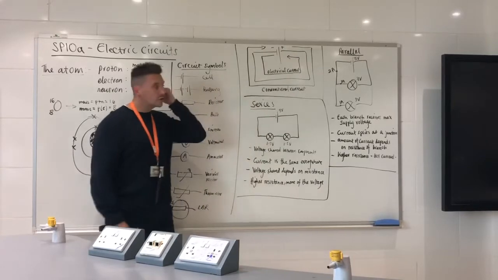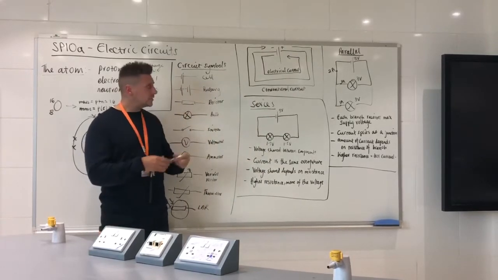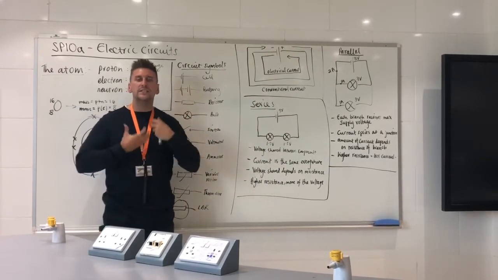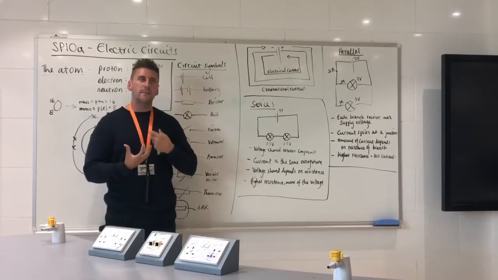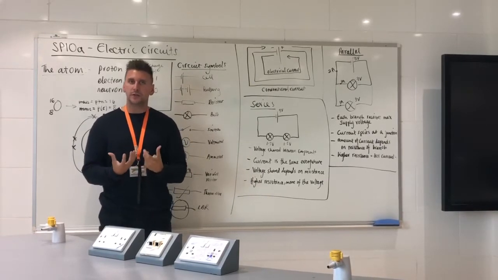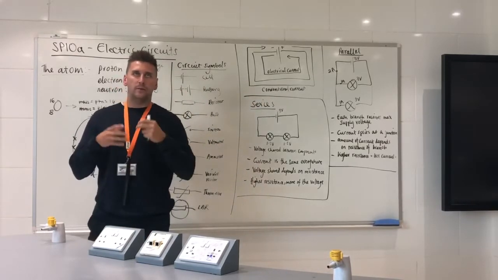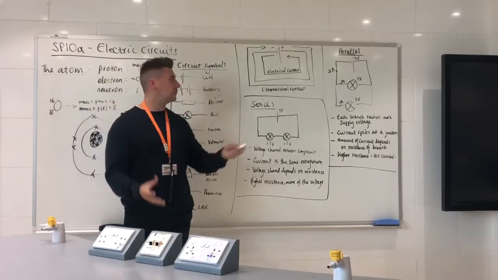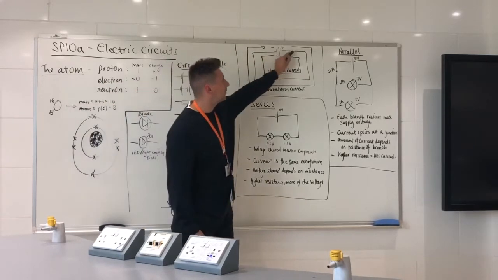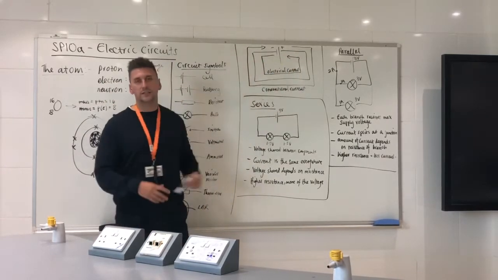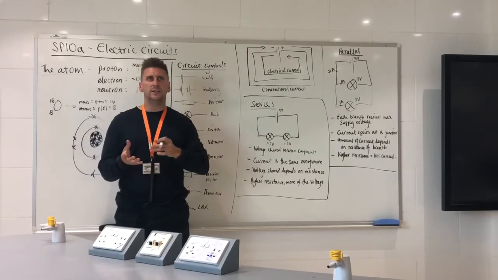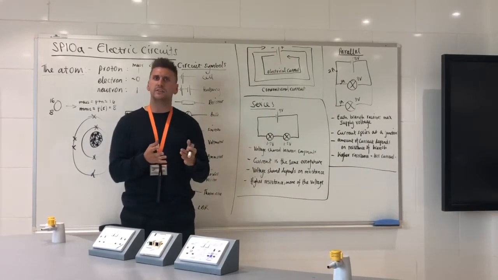Moving on to conventional and electric current. Two types of current, essentially, that we still use, we still describe, only one of which is technically true and correct. So conventional current is a very, very old way of thinking about electricity. So you'll see in conventional current, we go from positive round the circuit to the negative. So we're saying essentially that current is flowing positive to negative in a circuit.